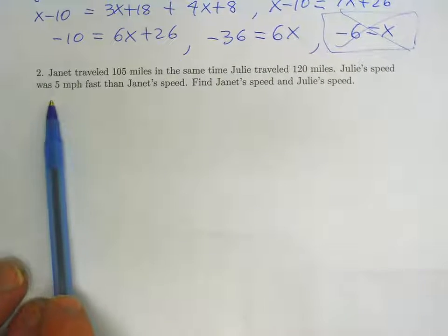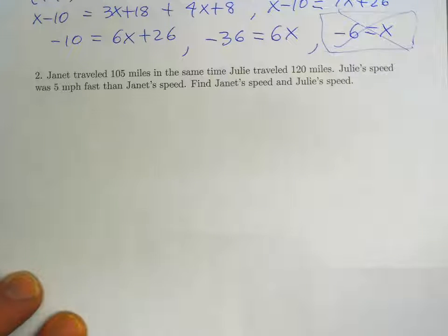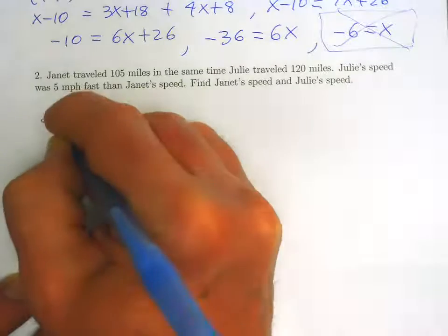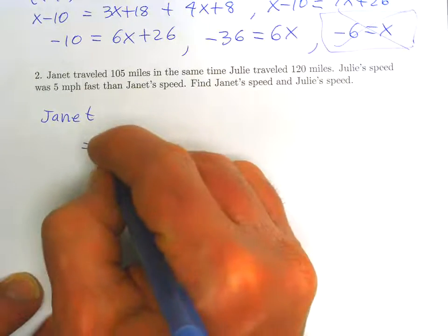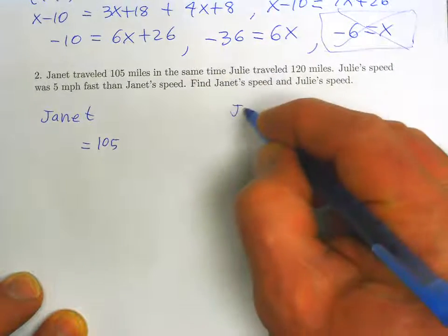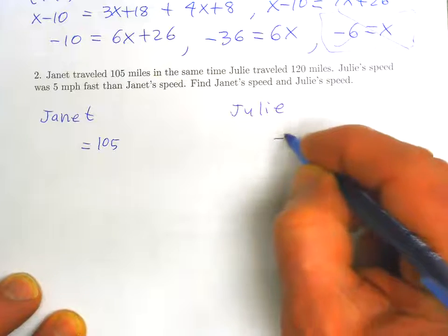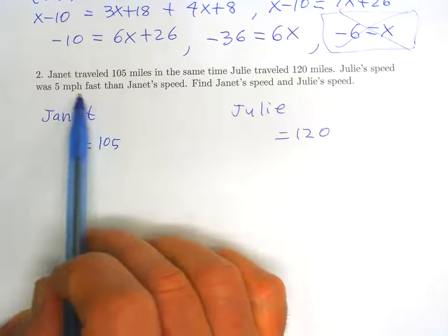This is a problem that involves rate times time equals distance. Janet traveled a distance of 105 miles in the same time that Julie traveled a distance of 120 miles. Julie's speed was 5 miles per hour faster.